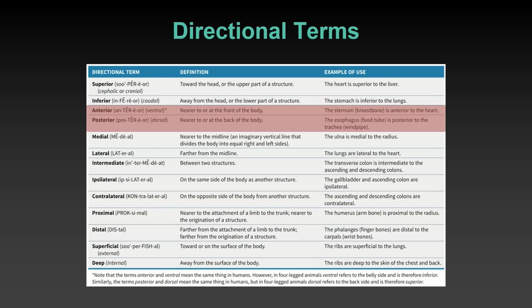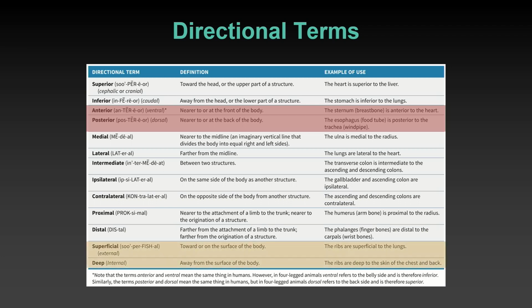But anterior means towards the front of the body, posterior towards the back. These are also sometimes called ventral and dorsal. We don't use those words as much. Anterior, posterior is more correct, but be aware there are some alternate names for a lot of these pairings.